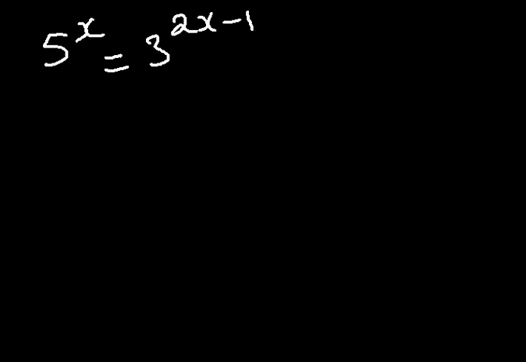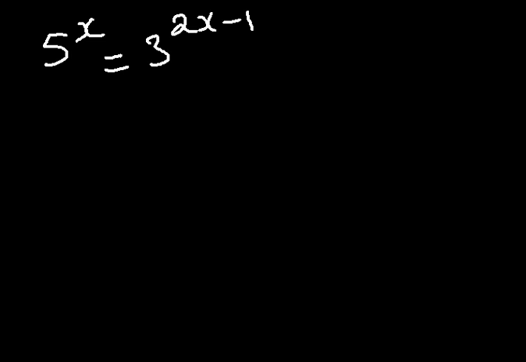Now we have an exponential equation, and in this case this is base 5 and this is base 3, in other words the bases are different. There is no way to express 5 with a lower base other than 5 itself, and we cannot express 3 with a base other than 3 itself.